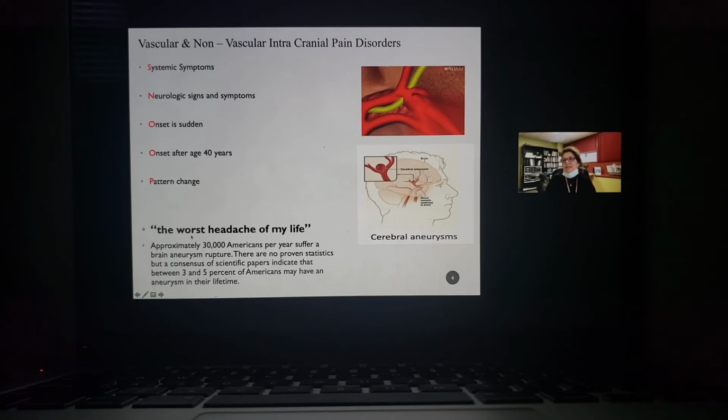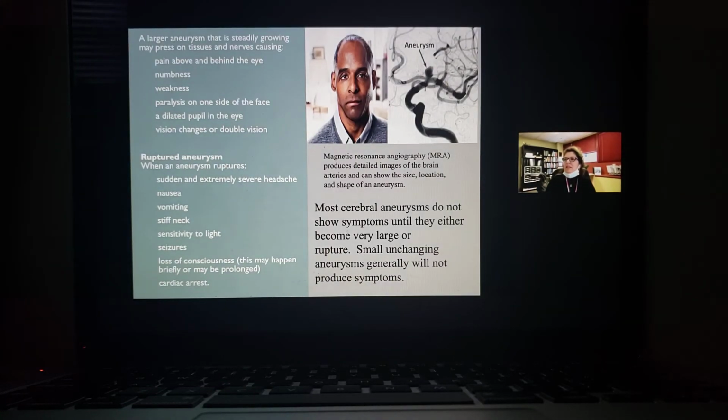They ask, is this like any of your prior migraines? And when they say, no, I know it's something different. Notice that approximately 30,000 Americans per year suffer a brain aneurysm rupture, and it's hard to know what the percentage of prevalence is among the non-ruptured ones. So keep it in mind: the worst headache, I never had experienced this before.